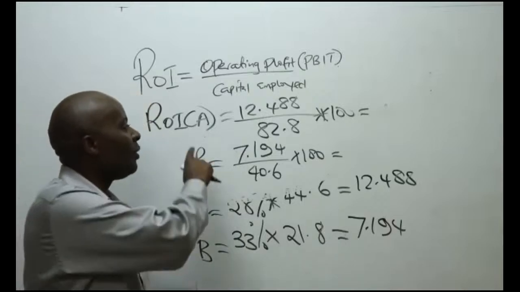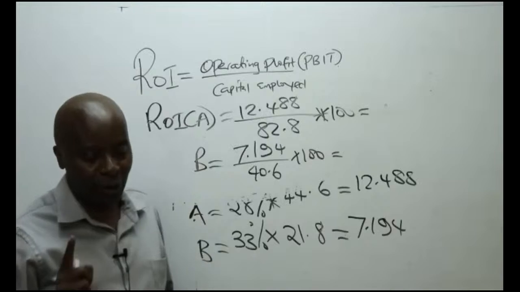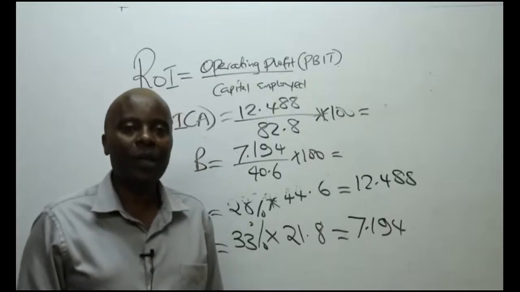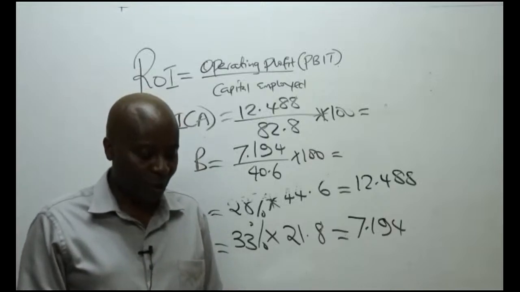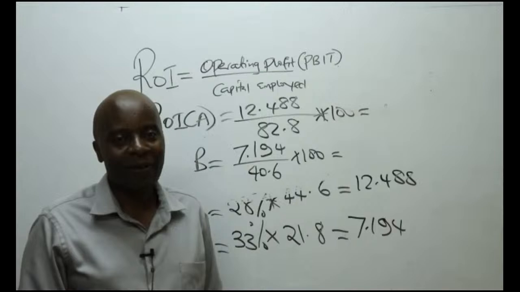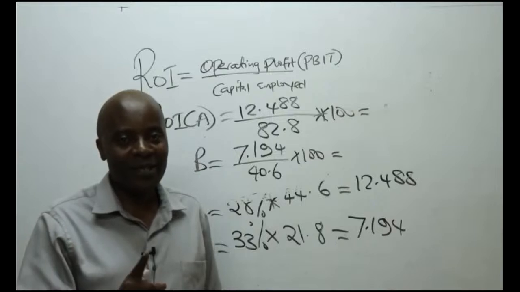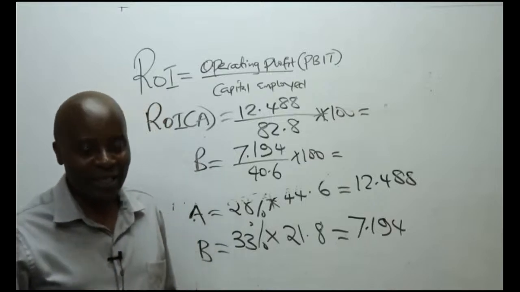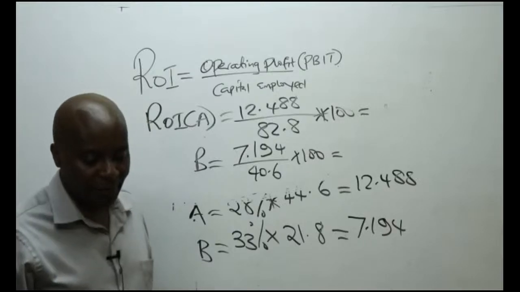So come and give us ROI for division A. Somebody talk to us. What do we have there? I'm waiting for the figure for ROI of division A, my great students.